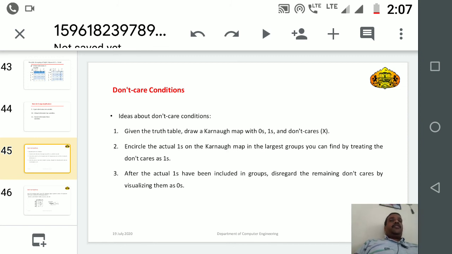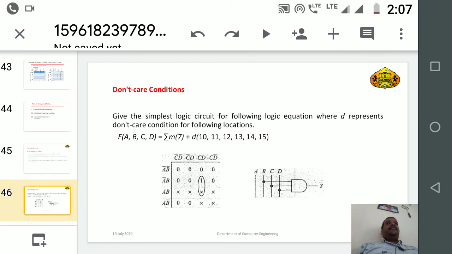Okay, so this is the example for the don't care condition. Give the simplest logic circuit for the following logic equation, where D represents the don't care condition for the following locations. Here is a Boolean equation for the 4 variables a, b, c, d, and how many minterms are present? 7 minterms are present, but there are also don't care conditions.